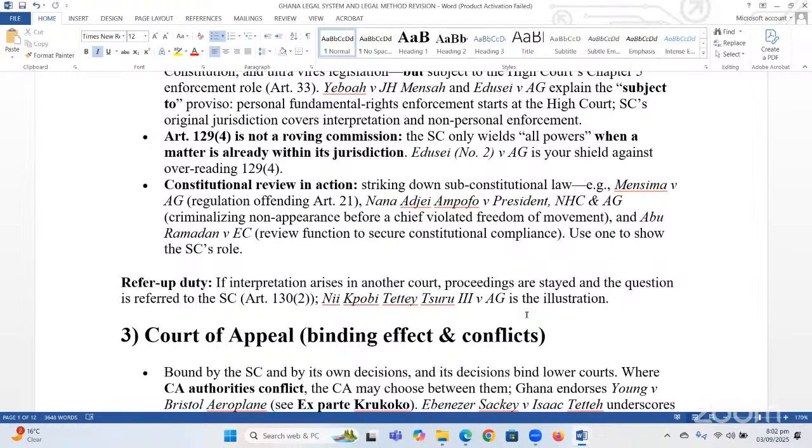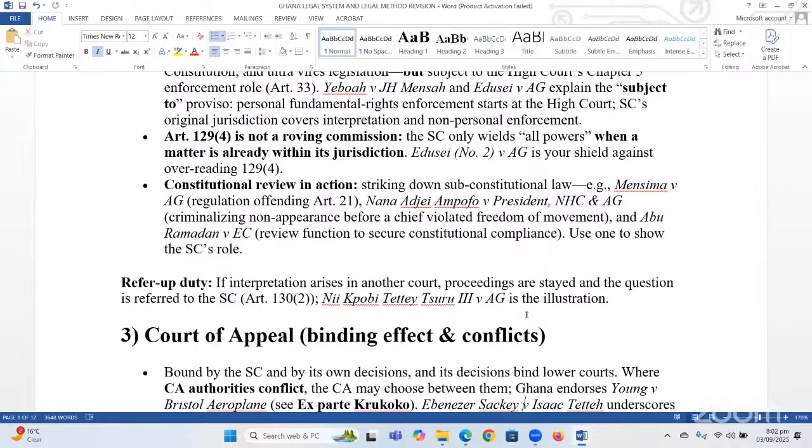However, where it involves human rights, but then there's an interpretive issue, okay? In that case, just like a jump of case against the National House of Chiefs. If you look at the Chieftaincy Act, for example, there used to be like a provision that if a chief summons you and then you don't go, like you committed an offense. And he also viewed that that is violative of the human rights to freedom of movement.